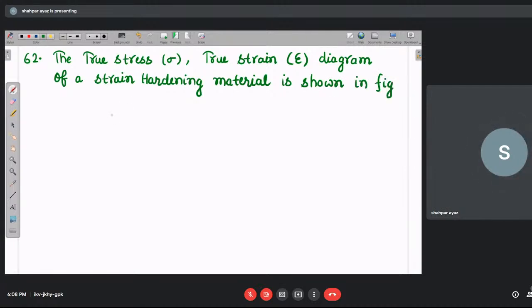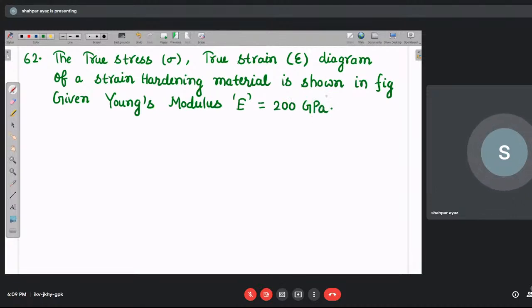Young's modulus is given. Do you know Young's modulus, everyone? Capital E is equal to 200 gigapascal.